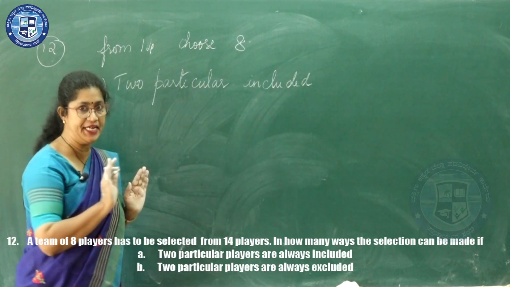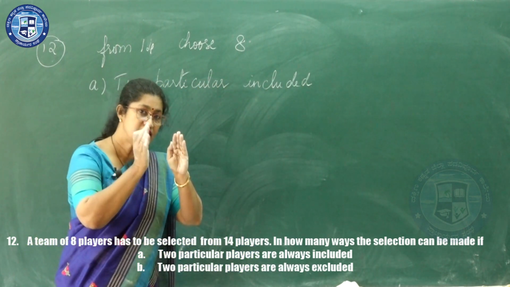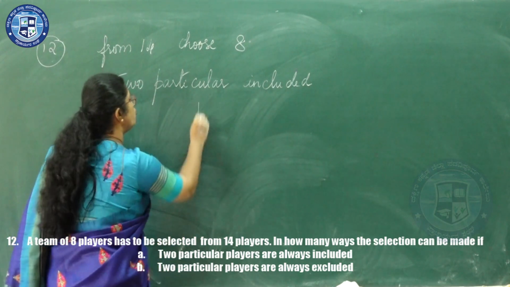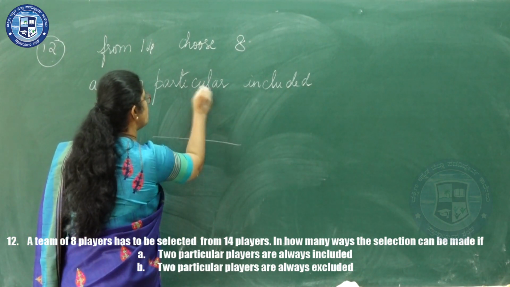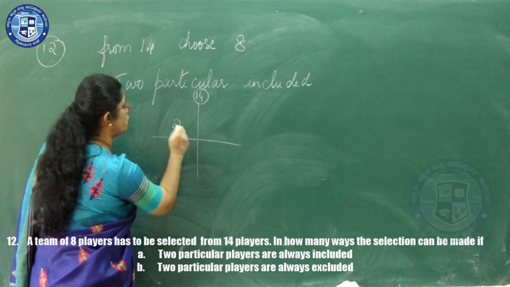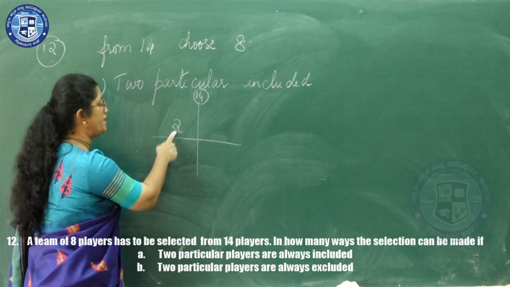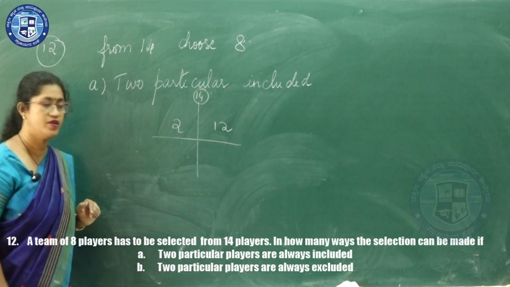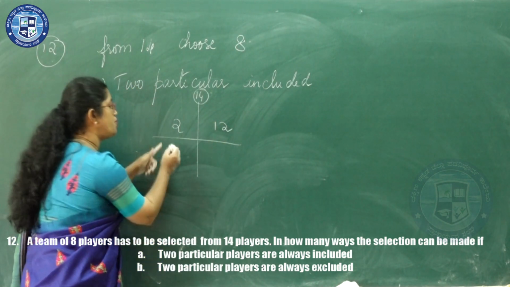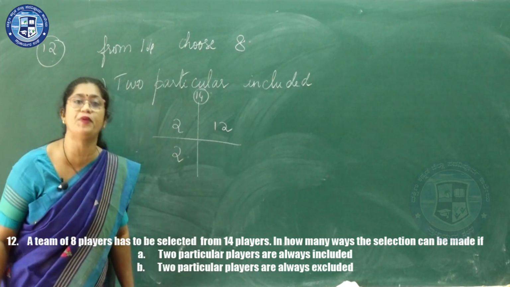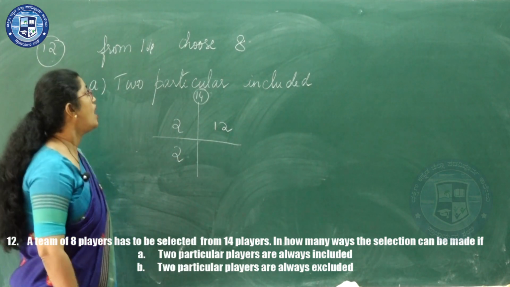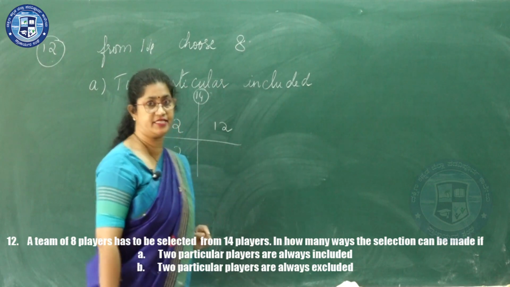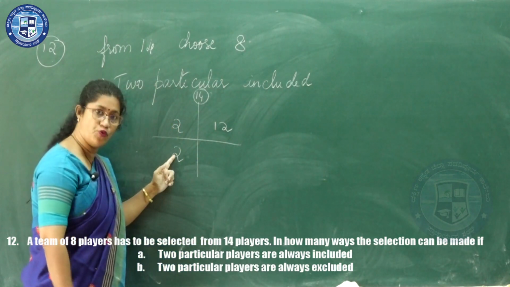Out of 14, there is a separate restriction for 2 people. So these 14 people, I'll divide into 2 categories. One is the 2 people who should be included and the remaining are 12. These 2 people should be included, so selection of 2 people is over. I want to choose 8. 2 is over.